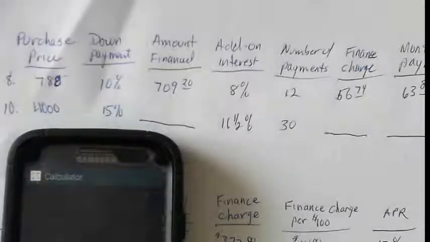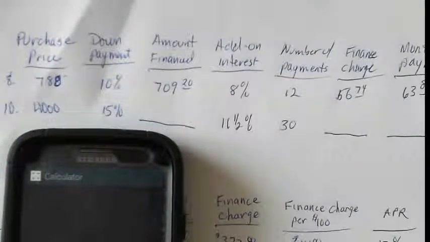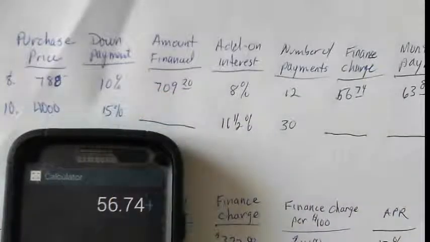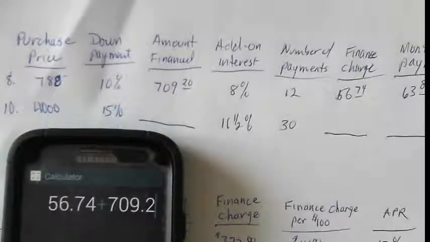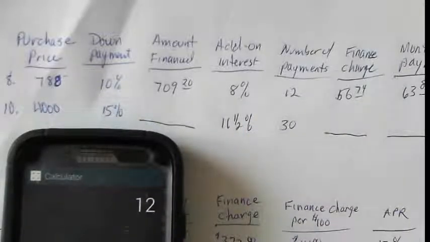And then in order to get the monthly payment, we would add the finance charge to what we have to finance and divide by the number of payments. Well, that didn't work very well, so let's try that again.